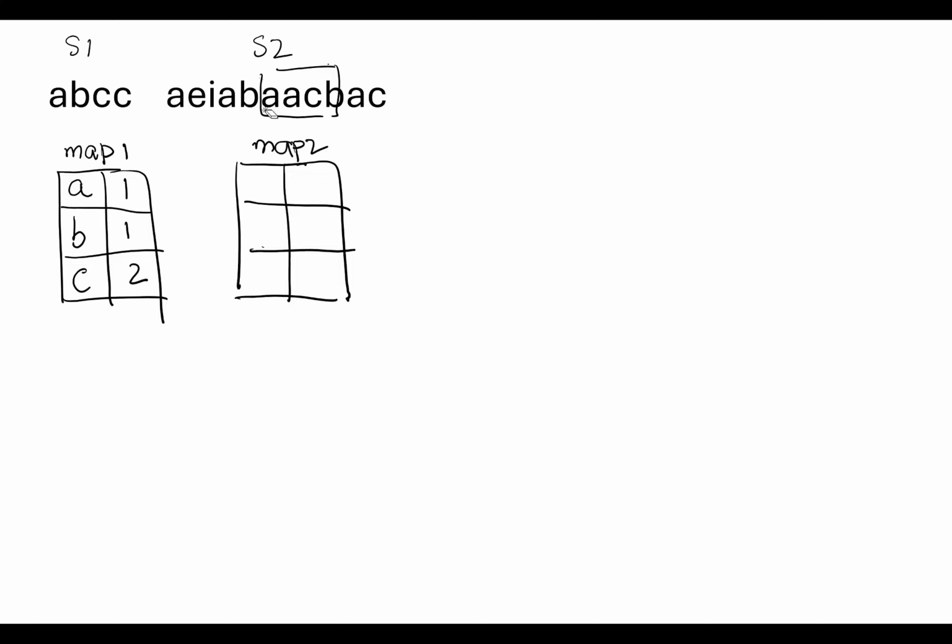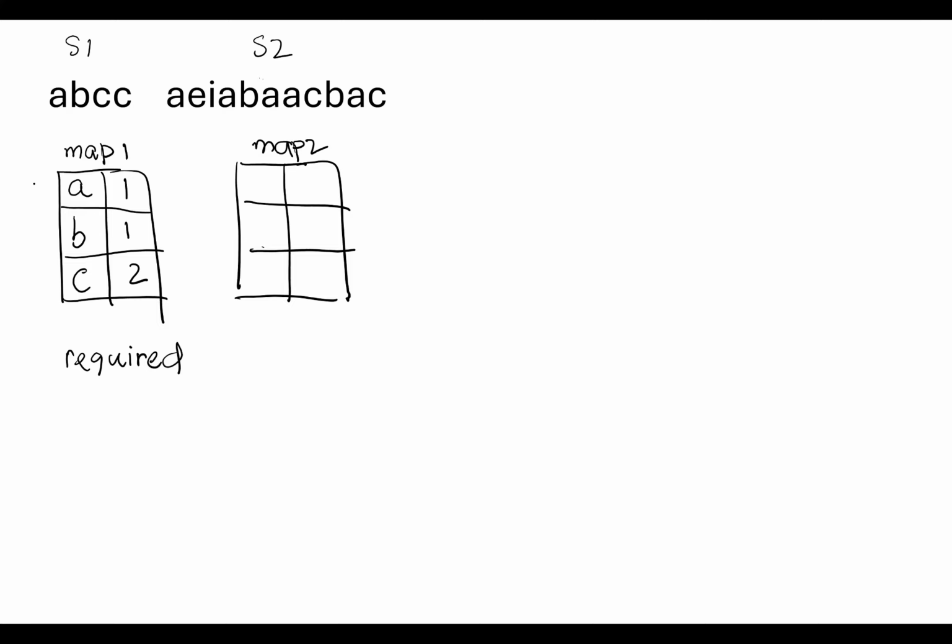The other thing is, every time just checking every character if they match or not is a little bit cumbersome. So what we can do is use a clever technique: we keep a variable, say required. Required means how many characters we need to match.